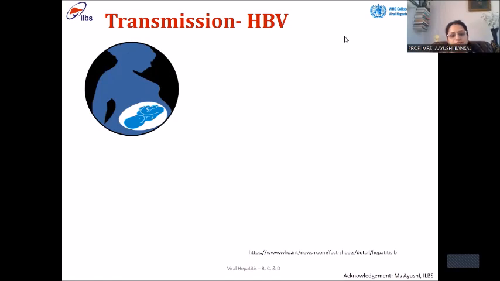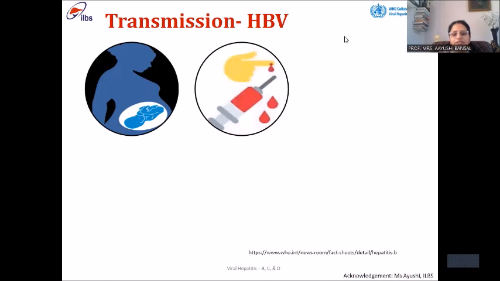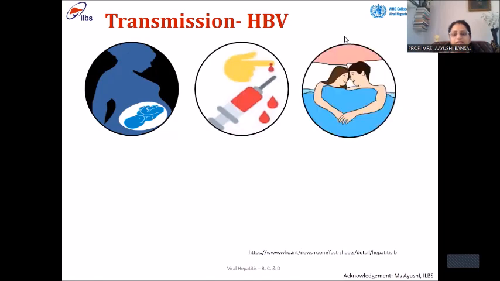The second reason for transmission is infected needles or needle stick injury, common among healthcare workers and health providers. The third one is sexual or intimate relationships, unprotected sex without a barrier method.